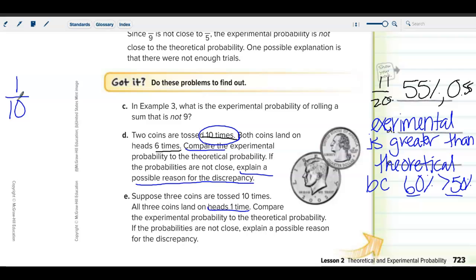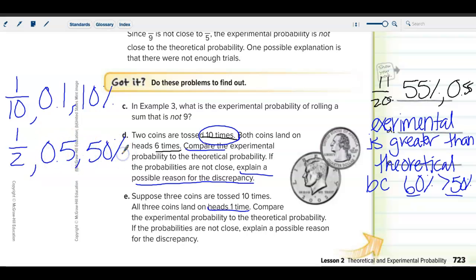Okay, this as a decimal is 1/10, and it would be 10%. The theoretical probability, again, we only have 1 out of 2 options that are heads. So this would be the same as 5/10 or 50%. Okay. It says to explain a possible reason for the discrepancy. Oh, it says to compare them, sorry, first.